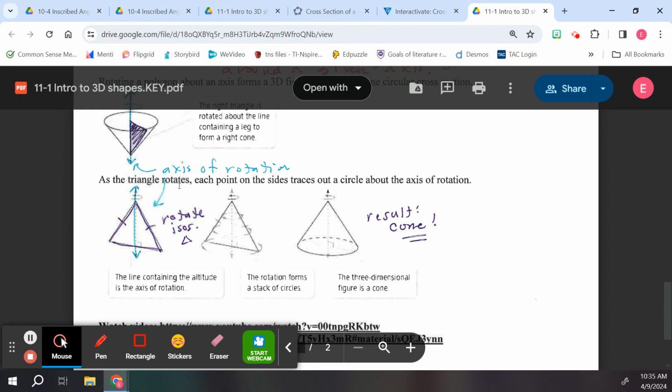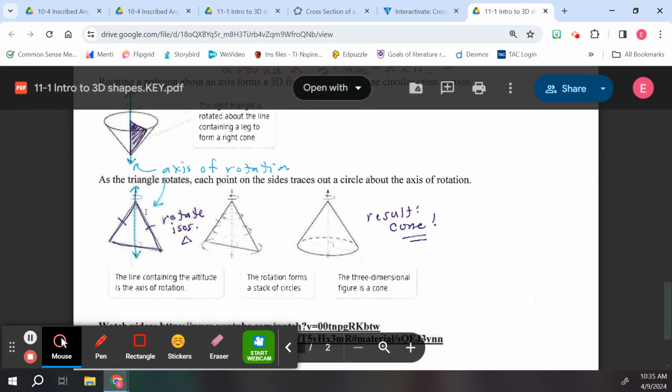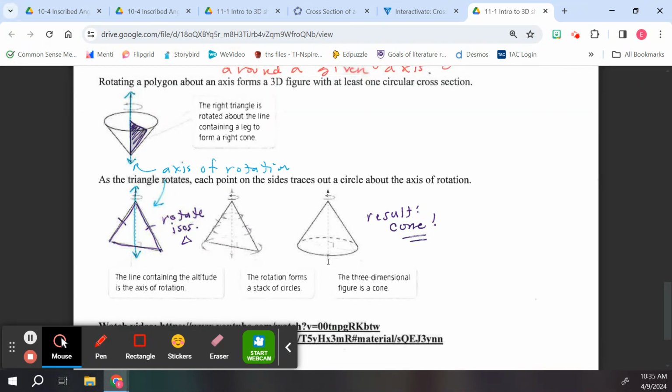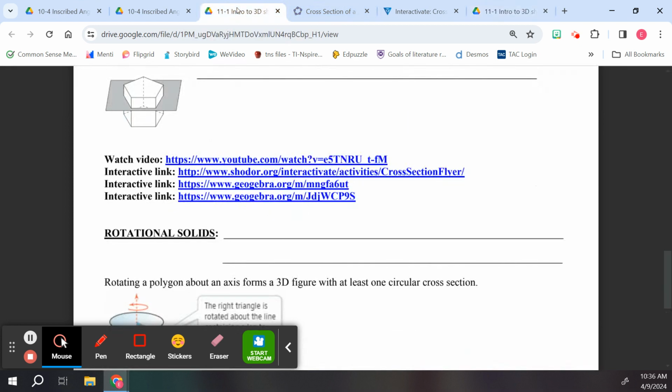As the triangle rotates, each point on the sides traces out a circle about the axis of rotation. So if this is our triangle, and we know it's isosceles because we have two tick marks here, and we spin it, we get a cone. All right, let me get the video for this one.